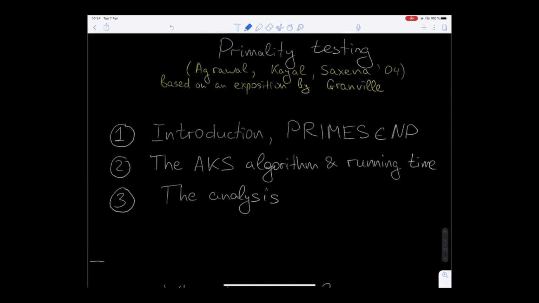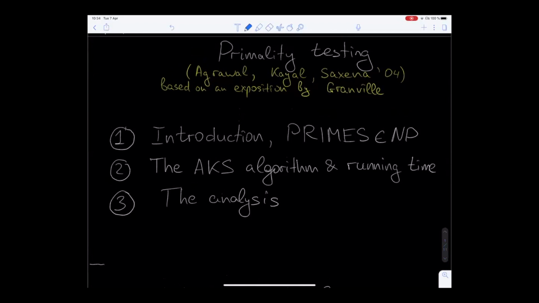Okay, if we want to test efficiently whether a number is prime, we have to come up with some properties that prime numbers possess, and to come up with an algorithm we need such properties.